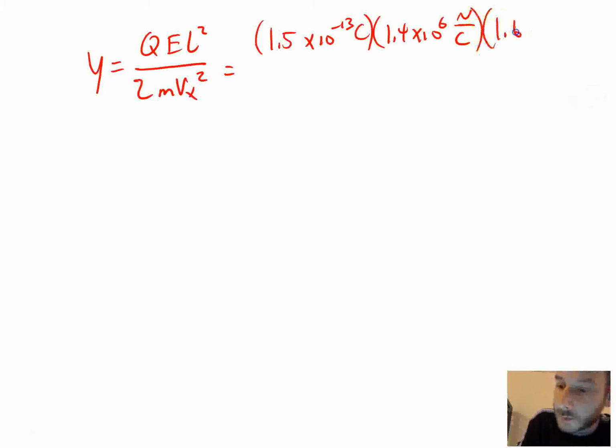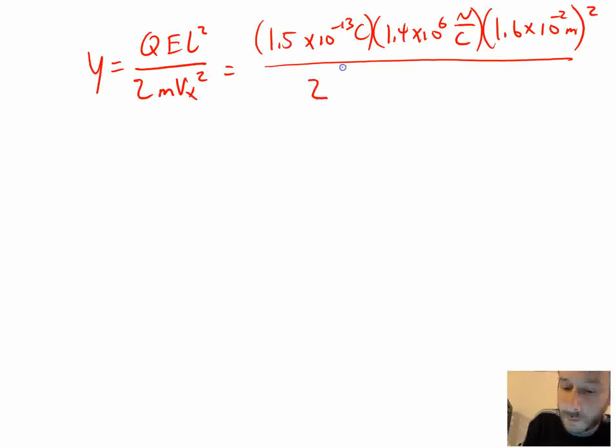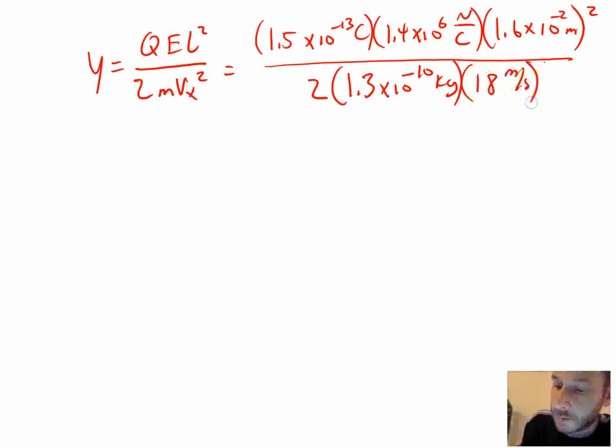times 1.6 times 10 to the negative 2 meters, which is our distance, squared, all divided by 2, times our mass, which is 1.3 times 10 to the negative 10 kilograms, times our speed in the x direction squared, which is 18 meters a second squared.